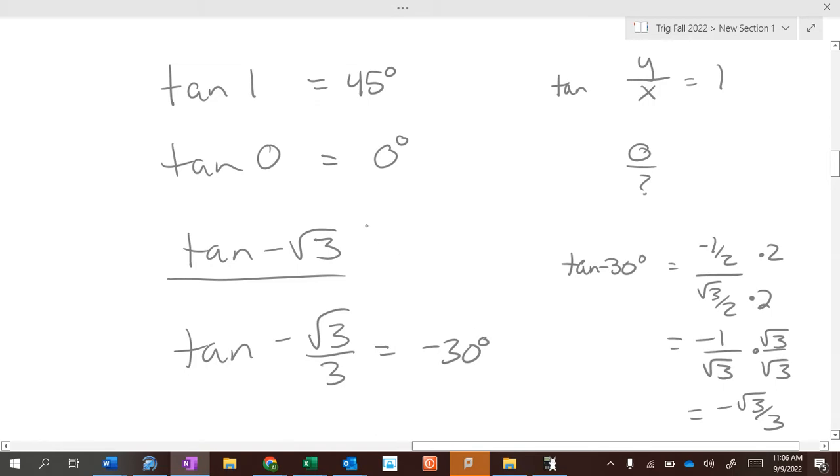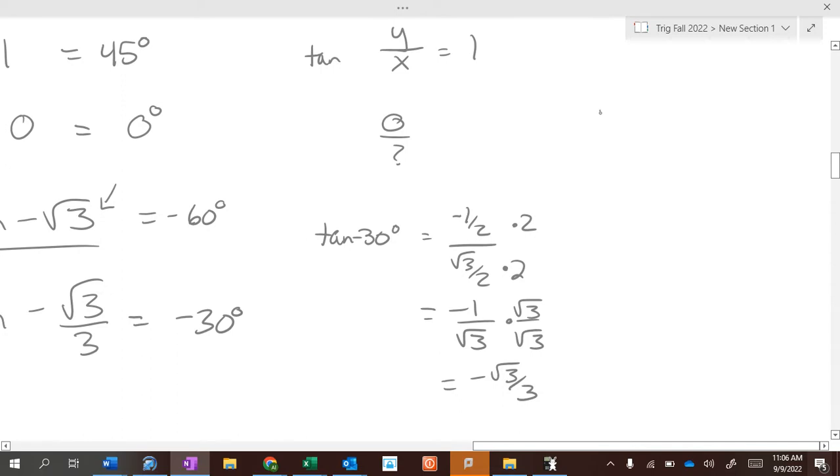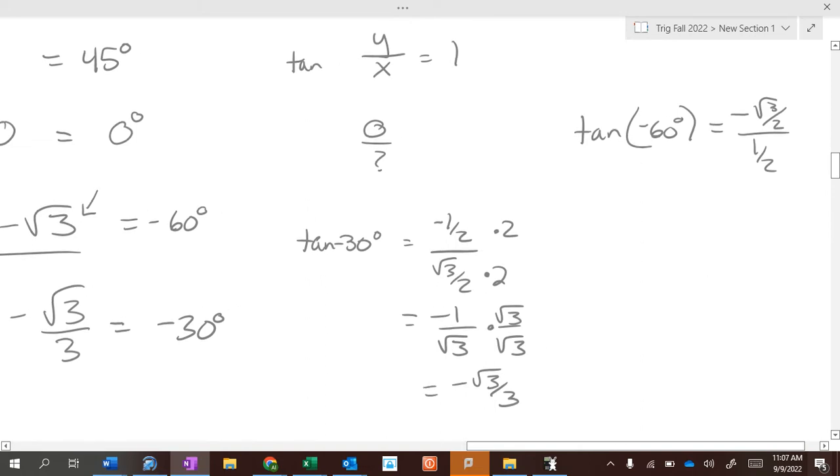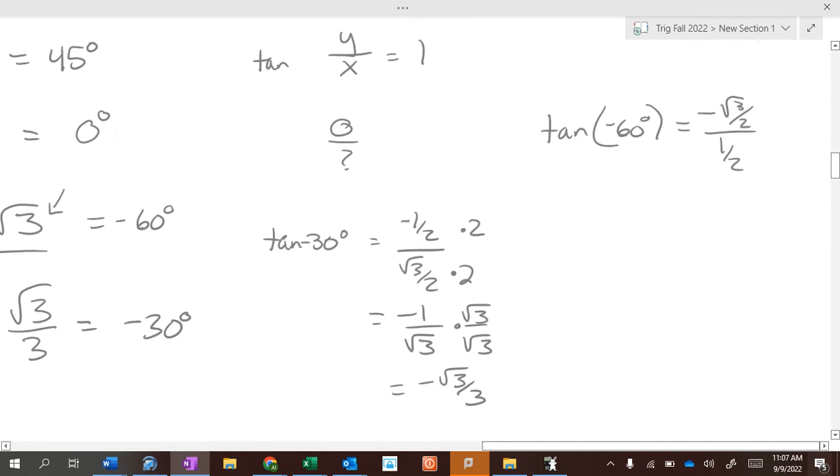So what do you think this one is? Probably negative 60 degrees. So let's look at the tangent of negative 60 degrees. The tangent at negative 60 degrees equals negative square root of 3. Wait, it's square root of 3 over 2, right? No, it's negative square root of 3 over 2 over positive 1/2. Again, it's a complex fraction.